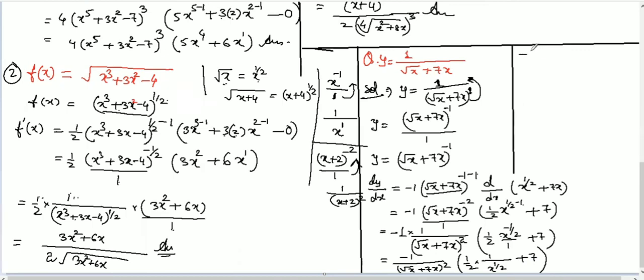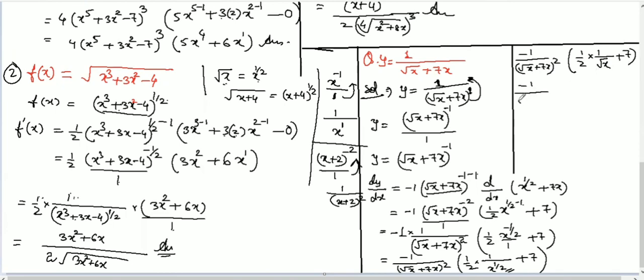So this one will be minus 1 over square root of x plus 7x to the power 2. And then here it is half, and then 1 over x to the power half means we have square root of x, and then we have plus 7.